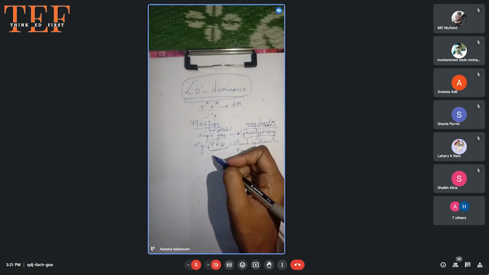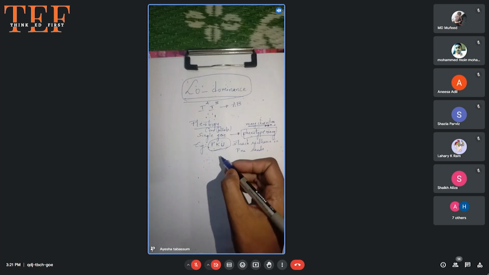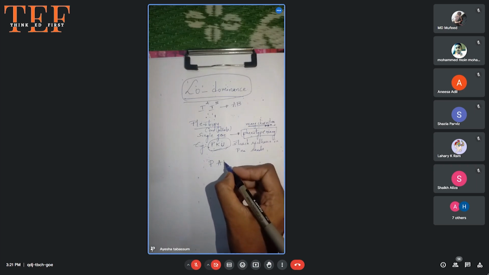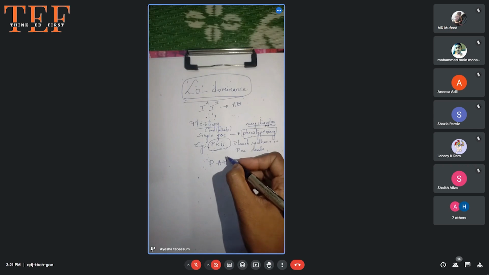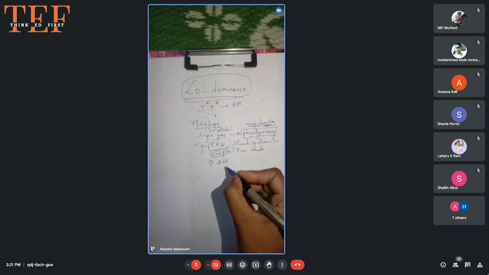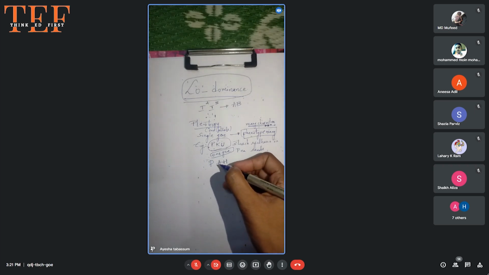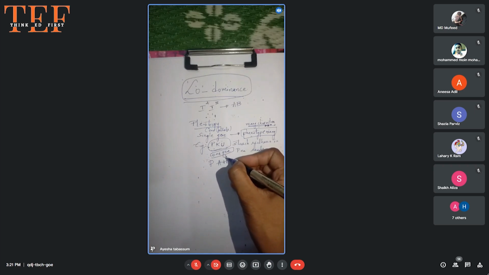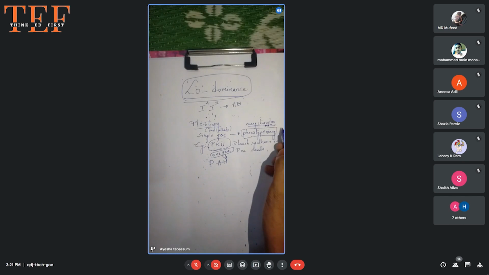Mutation of one gene results in decreased synthesis of PAH enzyme, and it results in around 4 to 5 symptoms. That is what you call pleiotropy.